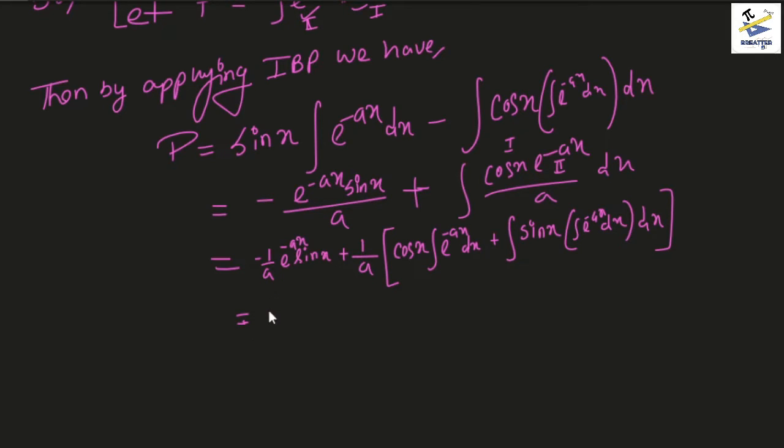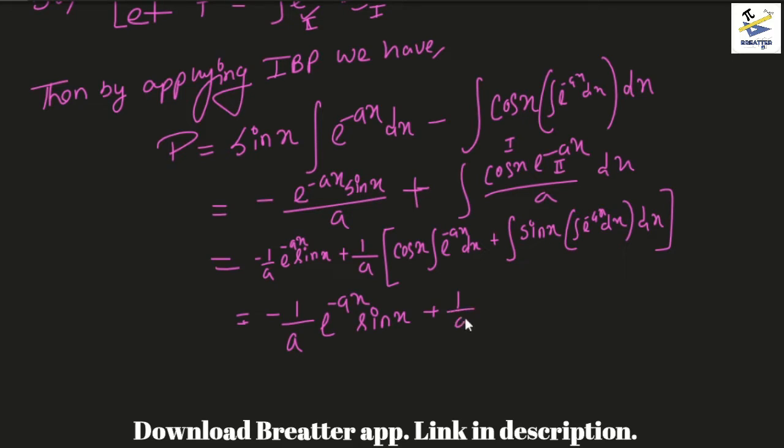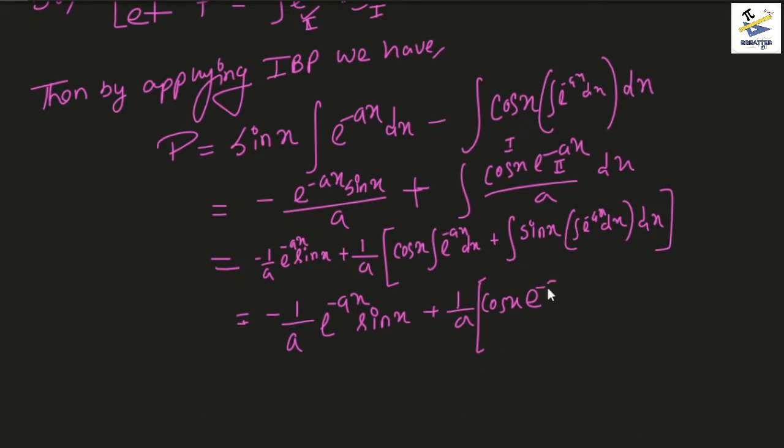Now this part was minus 1 by a e to the power minus ax sin x. This part was 1 by a cosine of x into e to the power minus ax, which is basically e to the power minus ax upon a, and there would be a minus sign here. And for this part we can do as follows.